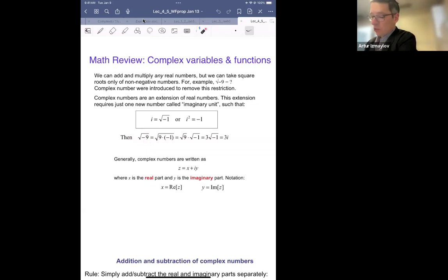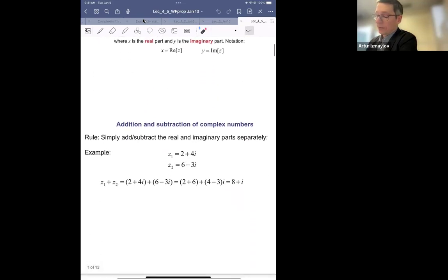This will be just a review of how we do the basic operations with complex numbers. Any complex number will have a real and an imaginary part, x and y. Here, the notation will be Re z and Im z, giving us x and y. And then what we can do with complex numbers, we could add them up.